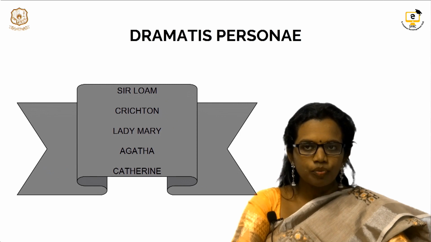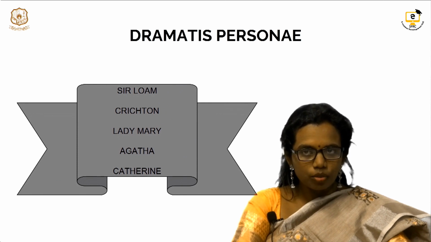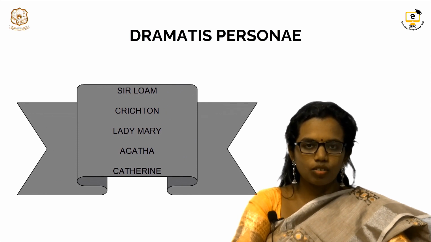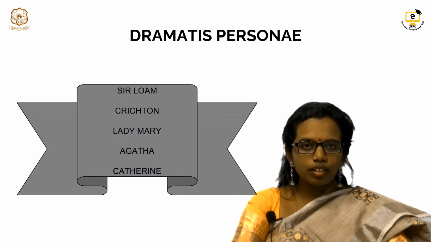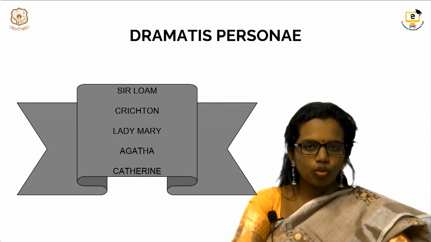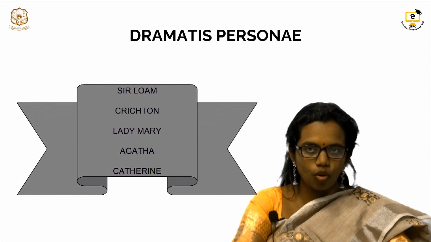The first one is Sir Loam, who is the aristocrat and the master in Loam Hall in London, and his nieces, Lady Mary, Agatha, and Catherine, the 3 beautiful ladies in Loam Hall who add beauty and solace to the lonely Sir Loam.